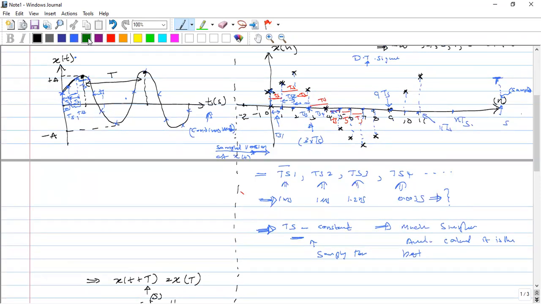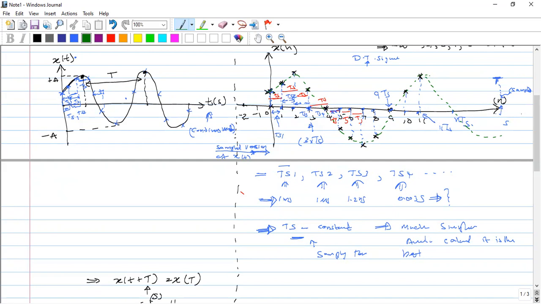If I draw this signal, it will look like this. It is also a sinusoidal pattern. Here we only consider the sample, the number of samples, not time.